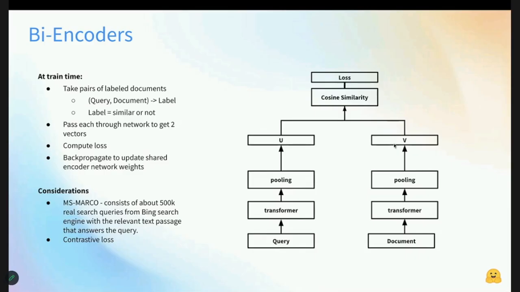We're going to get out a U and a V that, when compared with cosine similarity, is probably going to come up with a loss that's very big. Early on, these vectors aren't going to mean anything. And so early on during training, ground truth examples that are similar will have high loss. And so there'll be some error there that can be used to backpropagate and update the network to learn this relationship between similarity.